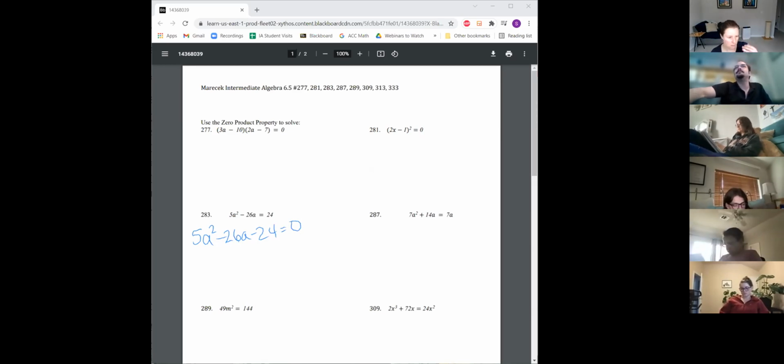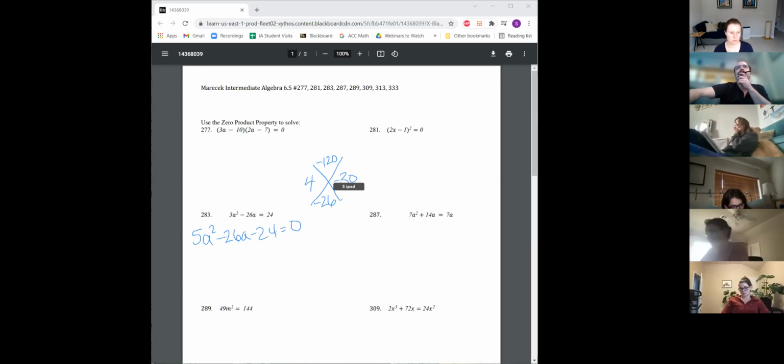And then I multiplied 24 times 5 and I got negative 120. Okay. And then I did the equals to the 26 and I got 4 and 30. So both are positive? The 30 is negative. Okay, cool.